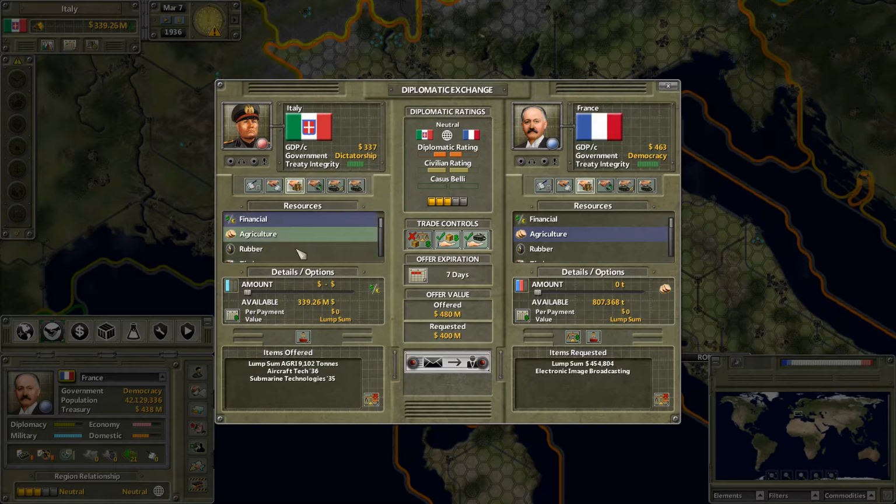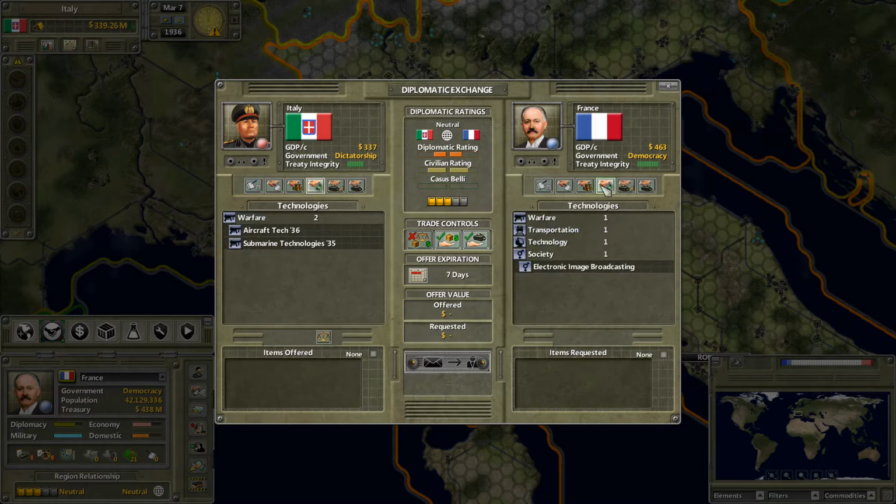However, what we can do... Well, actually, let's clear the offer. So if we go through, get that, and best offer, now it works. We would have to pay a bit more than the 400 million that research is worth, but we would be able to buy some of the technologies from them, so we don't have to research everything ourselves, because researching can take a lot of money and time.